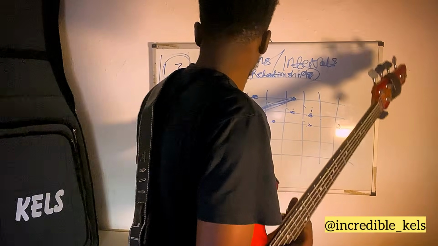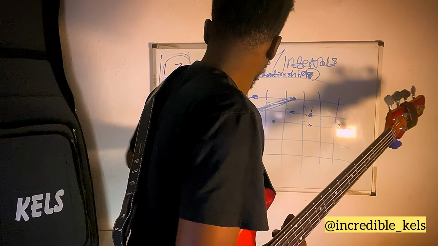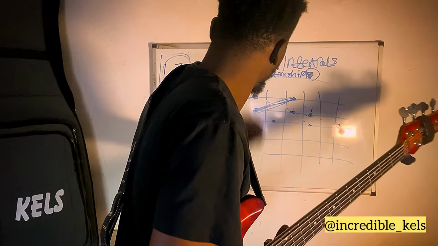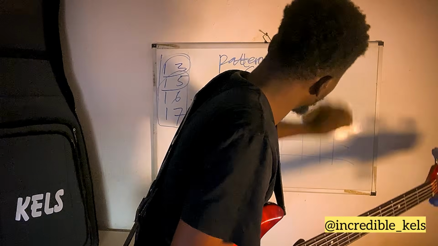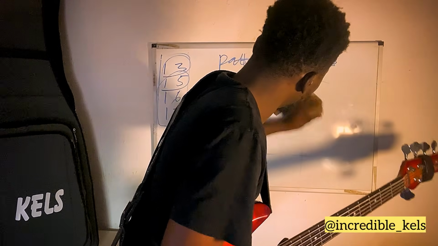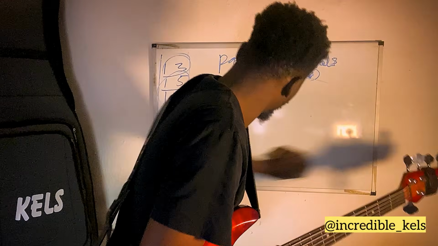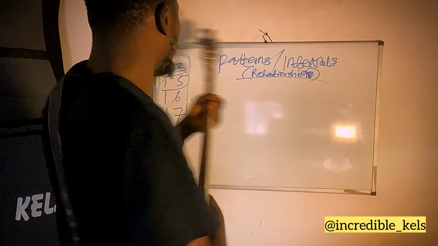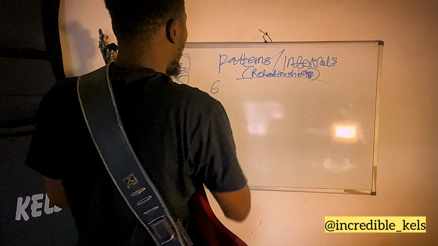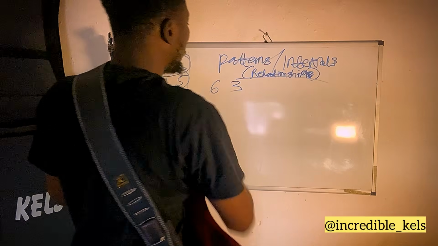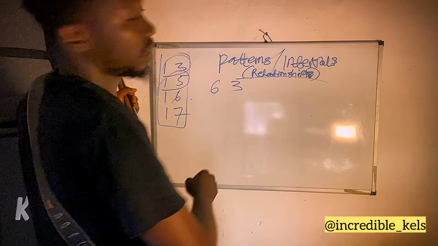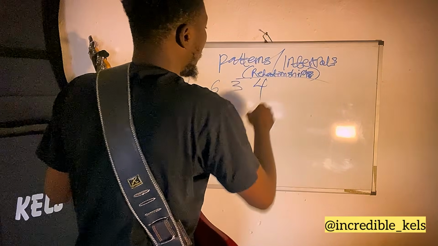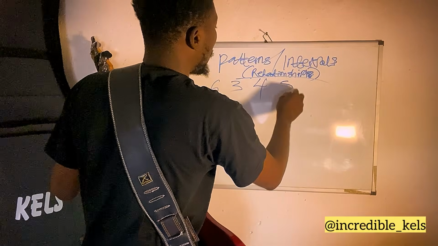So let's say we want to use intervals now to create baselines. Do you understand? So let's try something. Let's say we have a progression that goes 6, which is la, then mi, which is 3, then fa, then so.